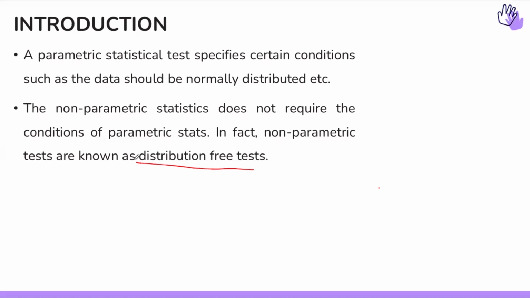When you use a parametric test for making statistical inferences, you need to take into account certain assumptions about the nature of the population distribution and also the type of measurement scale used to quantify the data.